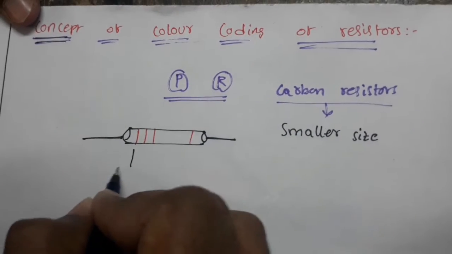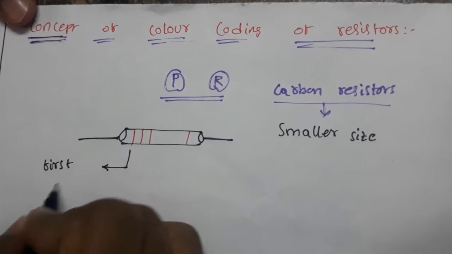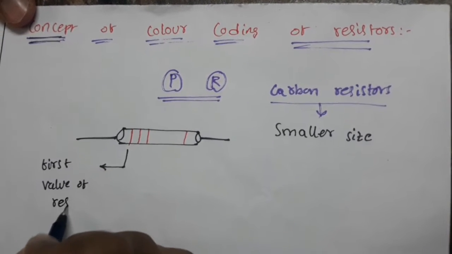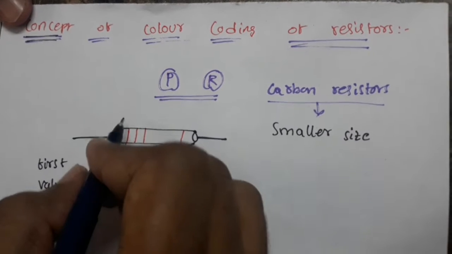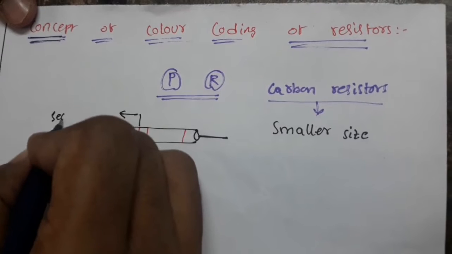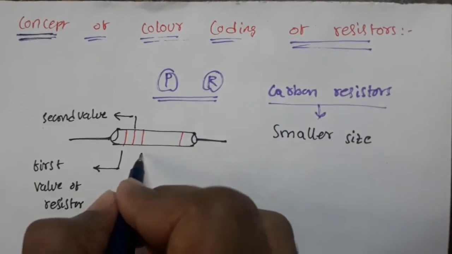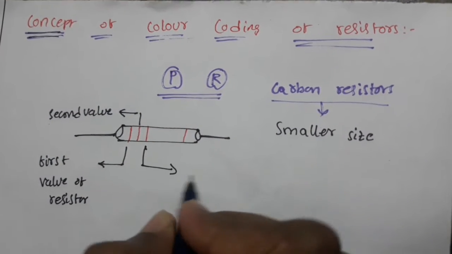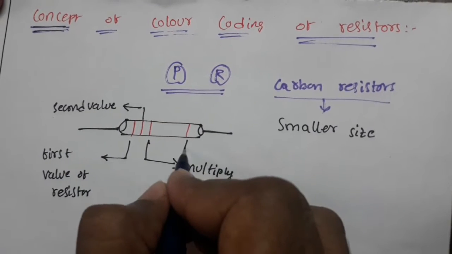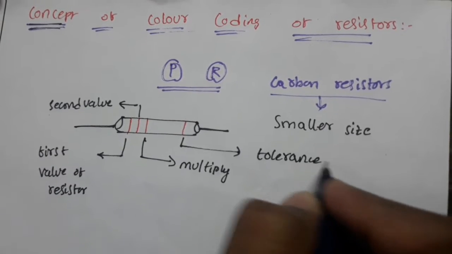Band 1 represents the first value of the resistor, band 2 represents the second value of the resistor, band 3 represents the multiplier, and band 4 represents the tolerance value.